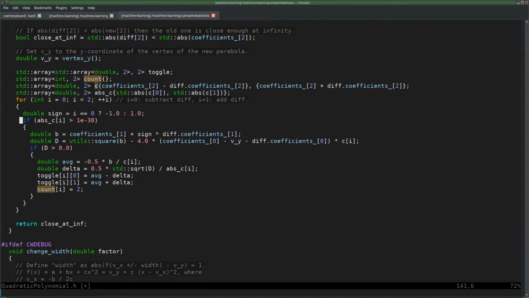I have to divide by the absolute value, so I want it to be larger than 0. If it is not larger than 0, then it's equal to 0 and I can't divide by it.